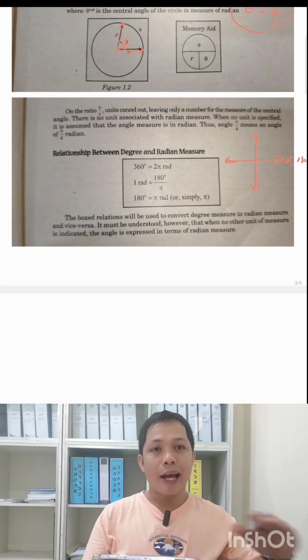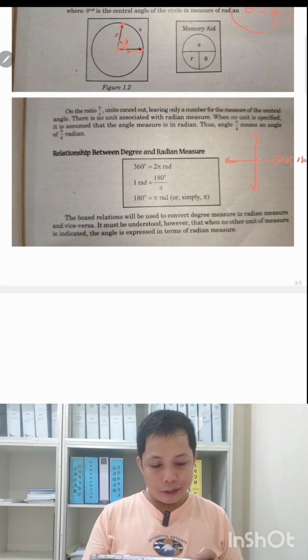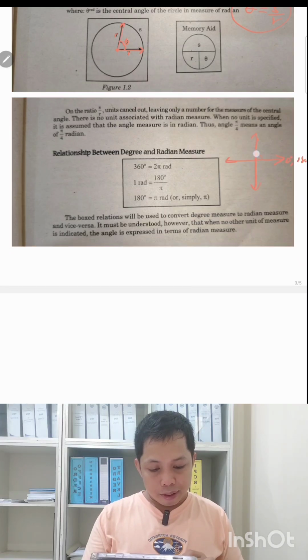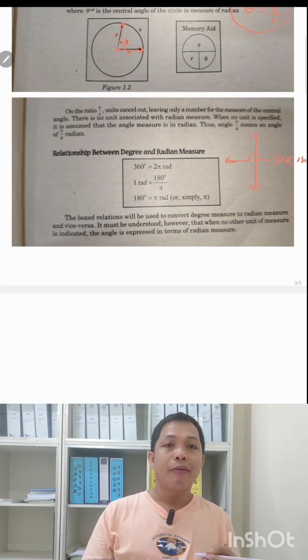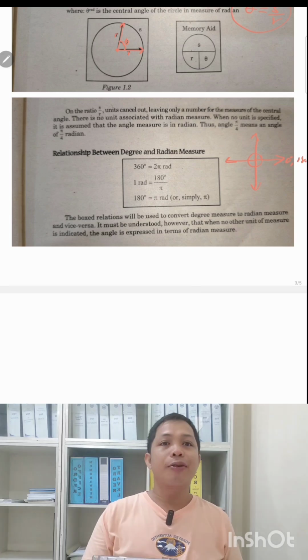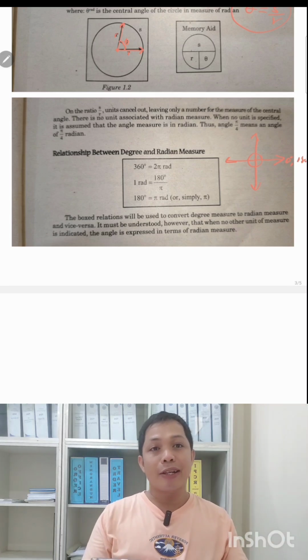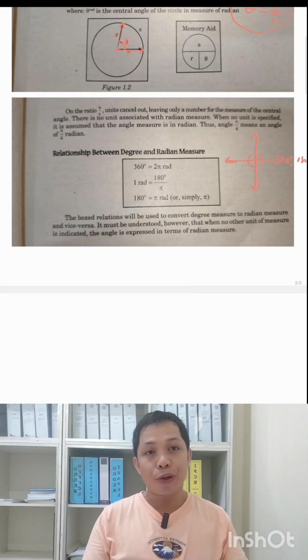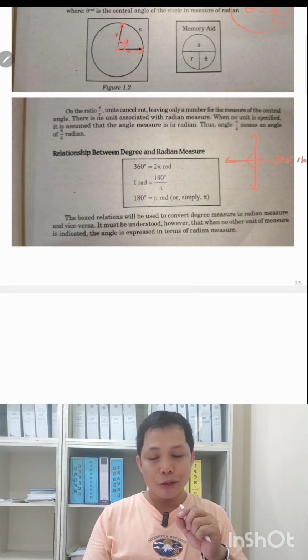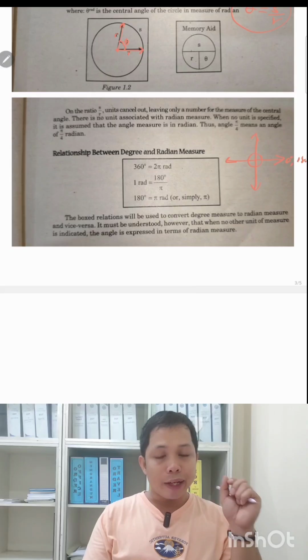So we have a straight line measuring 180 degrees. From this initial side to this side, that is measuring 180 degrees. Then you proceed with this one. So 180 plus 180, 360 degrees. Actually, that is one revolution. So 360 degrees, which is one revolution, equals 2 pi radian.